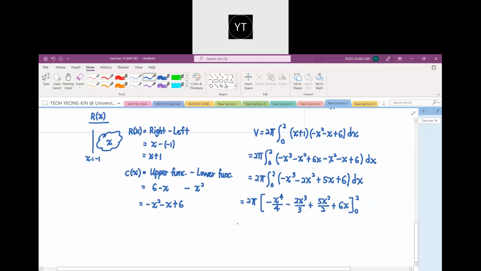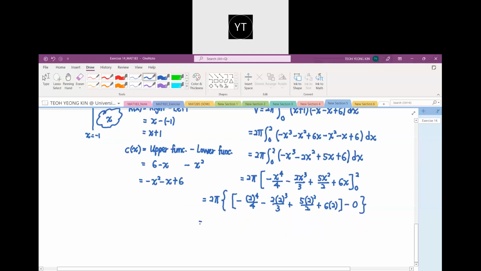So now next we try to substitute the value. 2 pi, put a curly bracket, and this is the first part: negative 2 power 4 over 4 minus 2 times 2 power of 3 over 3 plus 5 times 2 power of 2 over 2 plus 6 times 2. Close the bracket. When I substitute 0 in this function, I get 0.